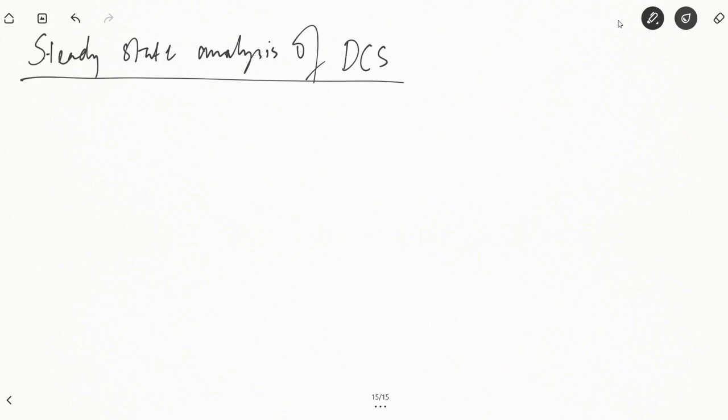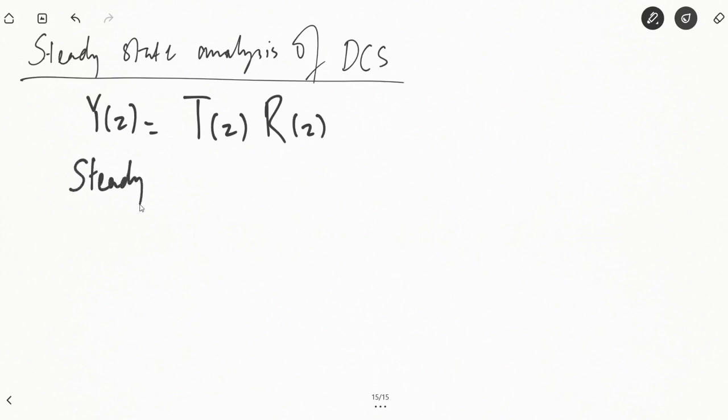So in case of the Z domain, when you talk about the output, if the total transfer function of a closed loop system is T(z), then your output Y(z) will be equal to T(z) into R(z), and the steady state output is given by y(k) as limit k tends to infinity.